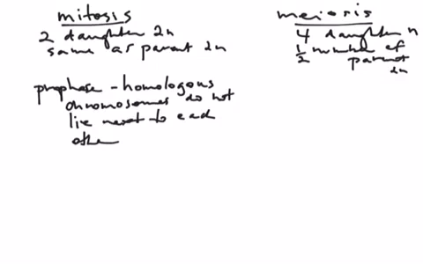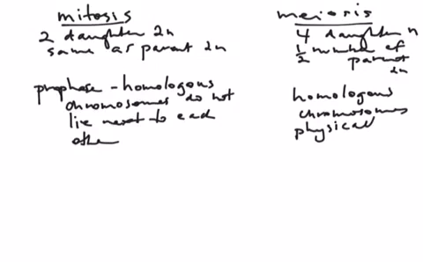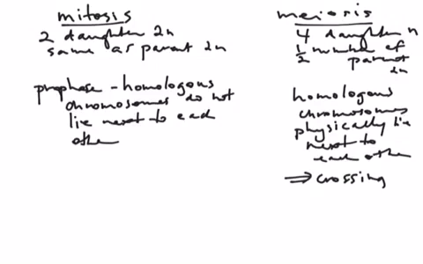In meiosis, the homologous pairs, or the homologous chromosomes, physically lie next to each other. This often leads to crossing over and recombination between sister chromatids.